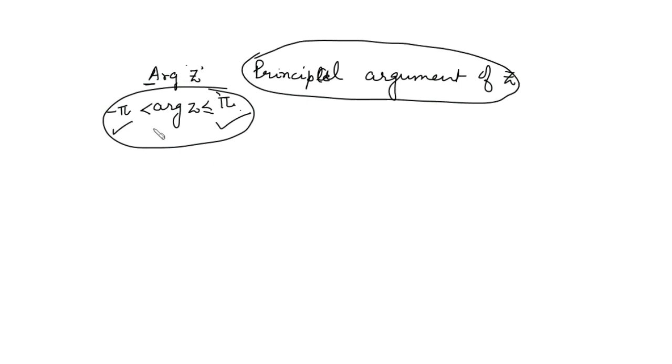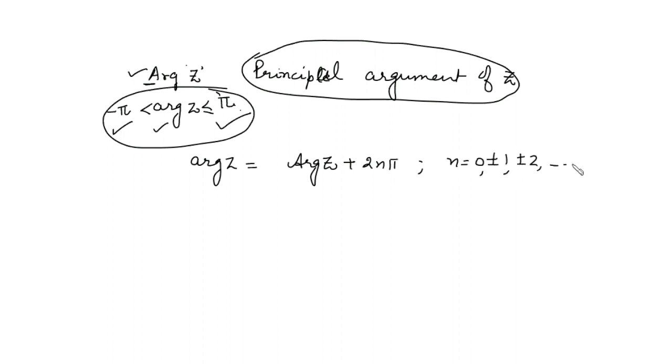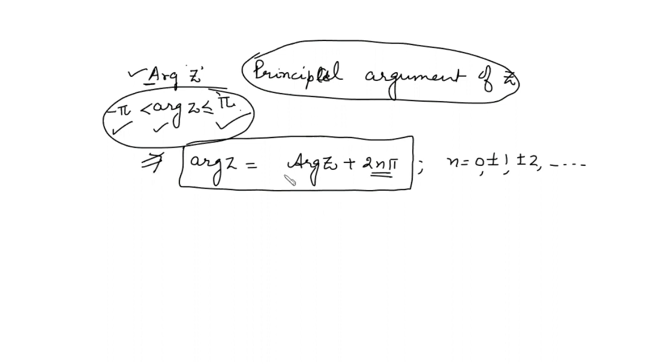And the relation between principal argument and simple argument is, you can find the simple argument by adding 2n pi to the principal argument, where n varies over 0, plus minus 1, plus minus 2 and so on. Then the simple argument is the principal argument plus 2n pi. This is the relation between argument and principal argument of the complex number.